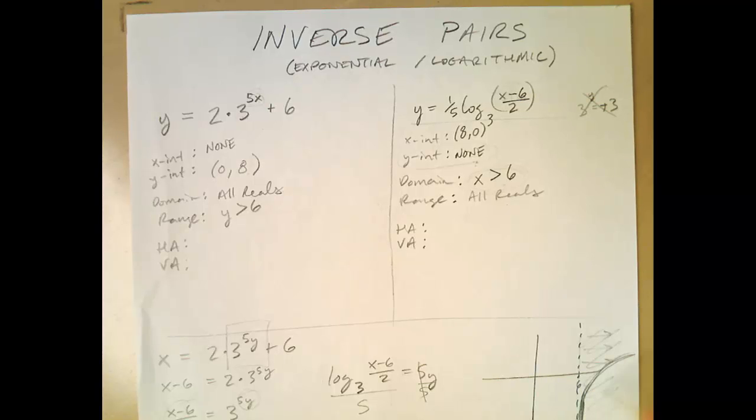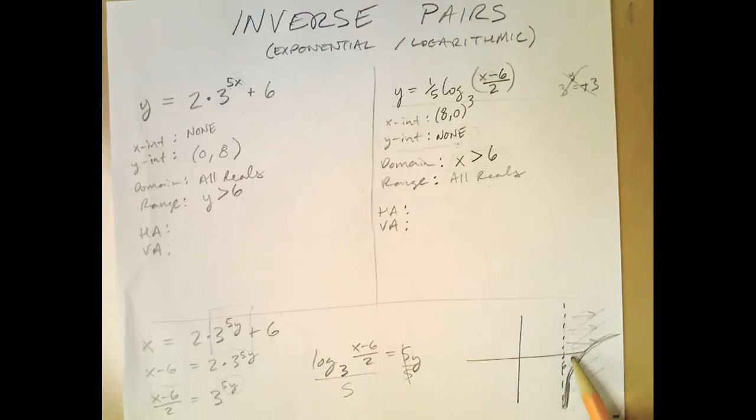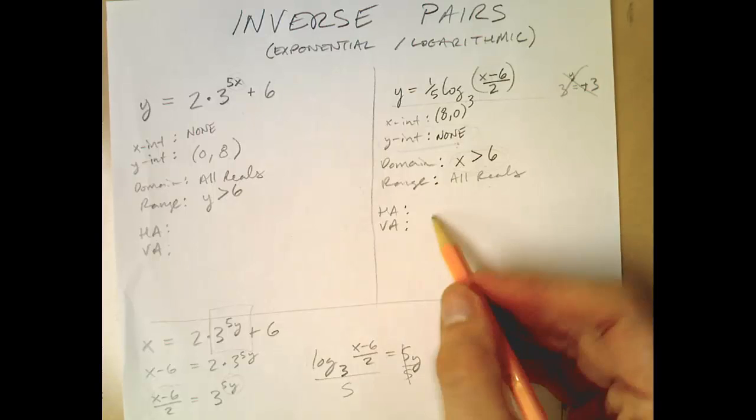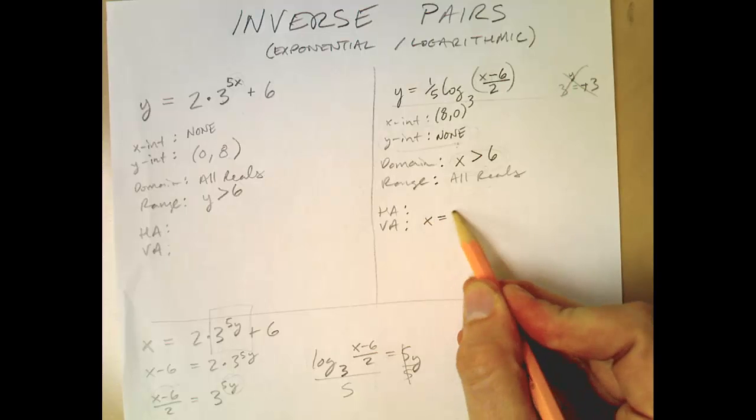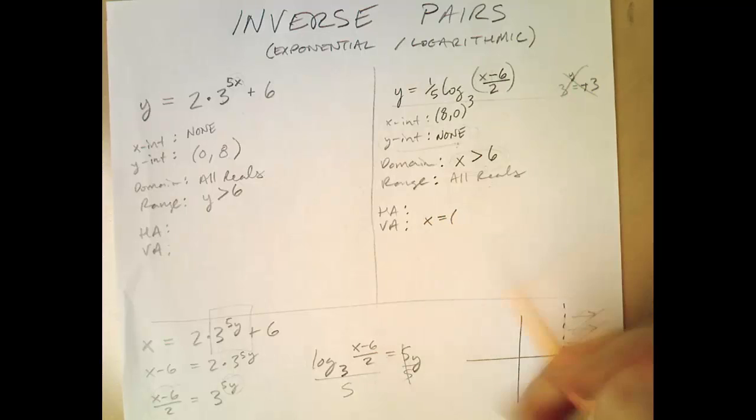I don't know if you can say that it's stopping, but as we get closer to 6, this value goes to negative infinity. We can't get to 6 itself, and we can't get beyond it to the left, right? So since that is the lower bound, that's where the asymptote is, right? So we could say our vertical asymptote is x equals 6.